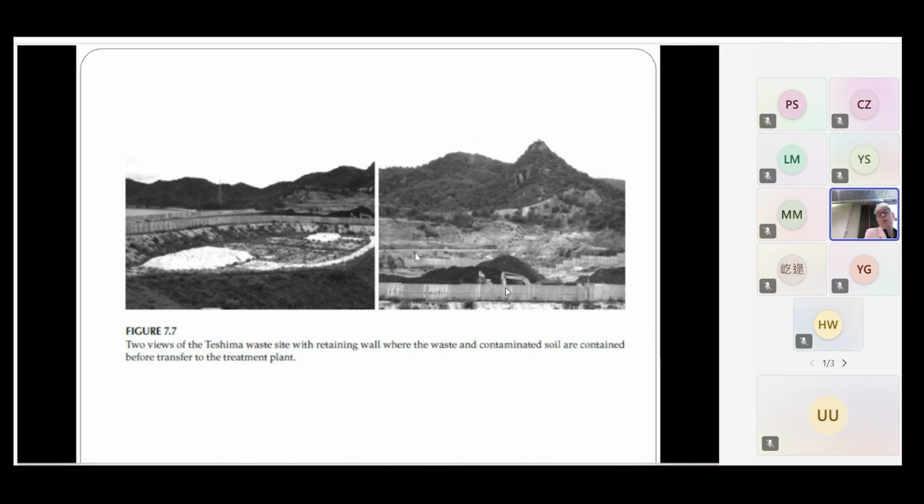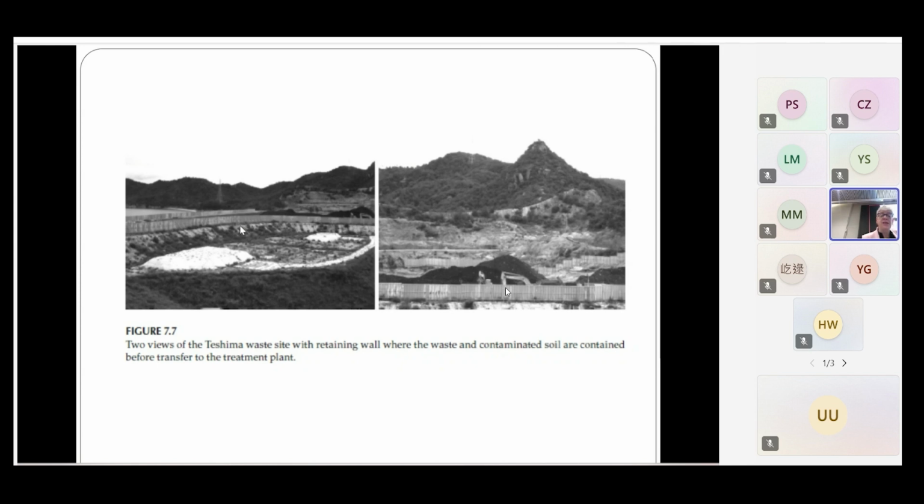After a lot of documentation showing that they were getting sick because of the contaminants in this area, they eventually agreed to do the cleanup.